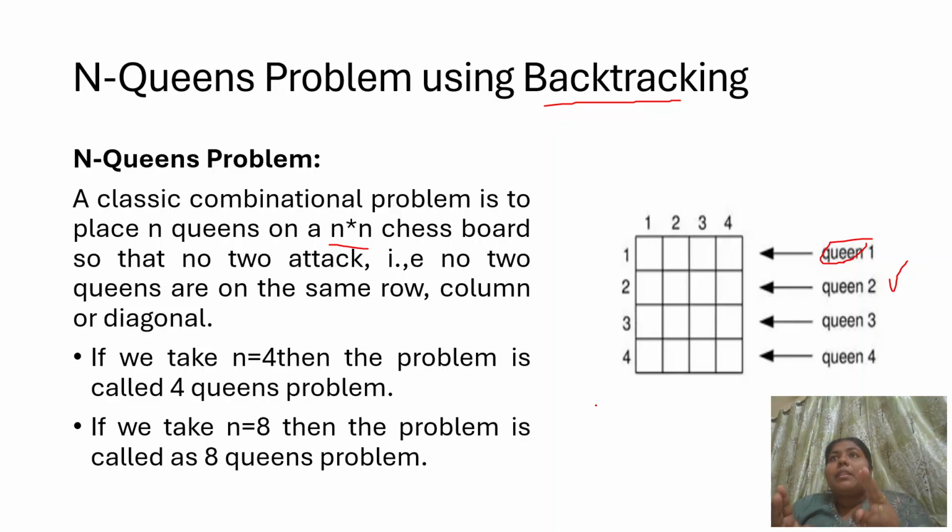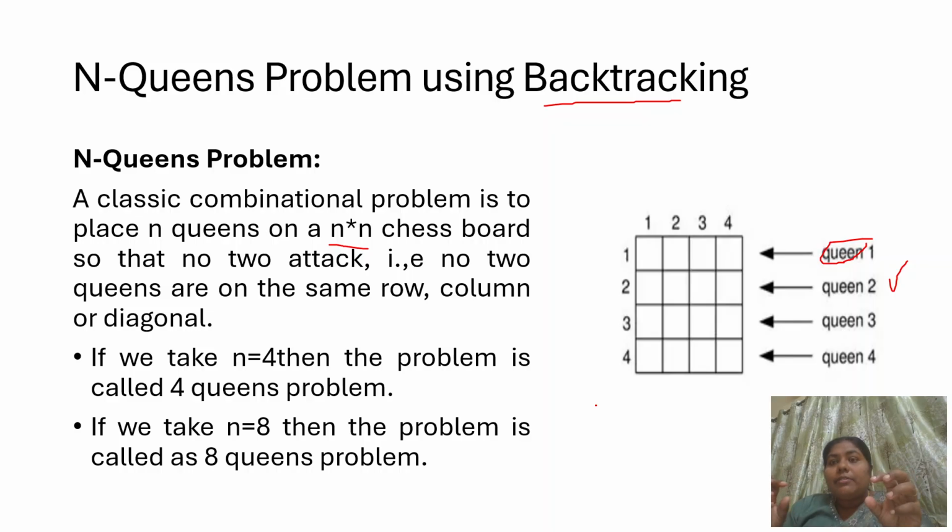So we have two concepts: we can place queens in two states. One is the safe state, another one is the unsafe state. Safe state is, we place a queen on a particular row and move to the next row. Unsafe state is, if we place a queen on a particular row and it is attacked by another queen.